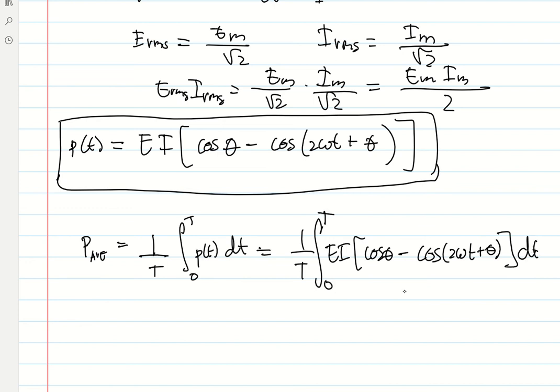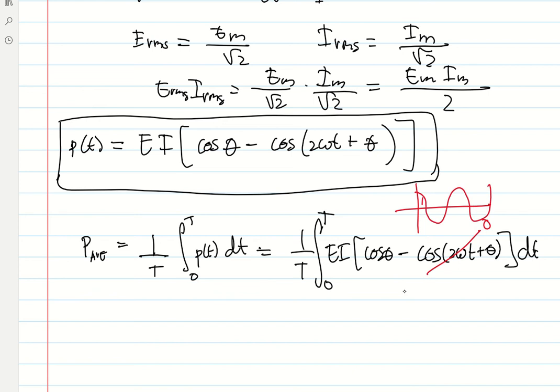So if you look at this, EI times cosine theta, the first term, is just a constant. Well, what will happen to the second part? If you take the integral of this from 0 to T, the average value of that will become 0 with respect to time, because the average of a cosine wave is always equal to 0. If you plot the cosine wave, it's like that.